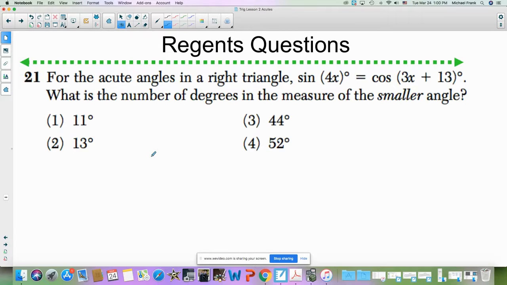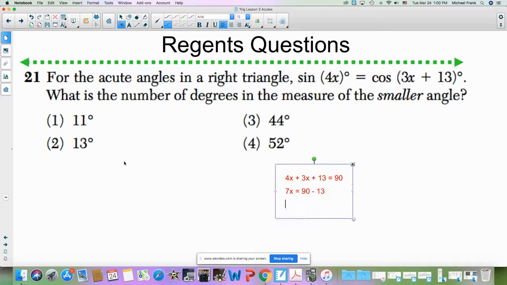If sine and cosine are equal, that means those angles are complementary, which means I could add them up and set them equal to 90 to figure out what x is, which means I'll have 7x is equal to 90 minus 13. 7x is equal to 77, divided by 7, and x is equal to 11.